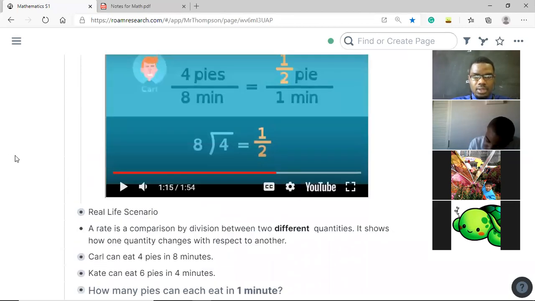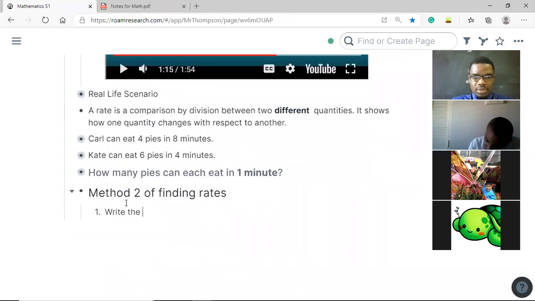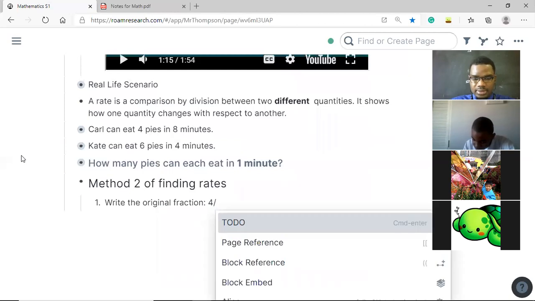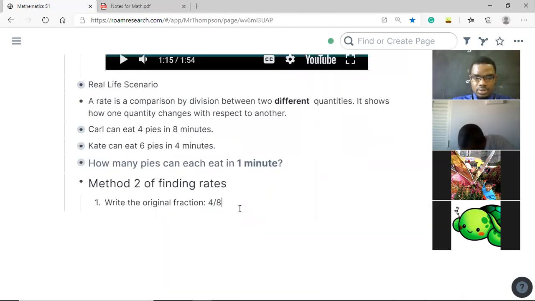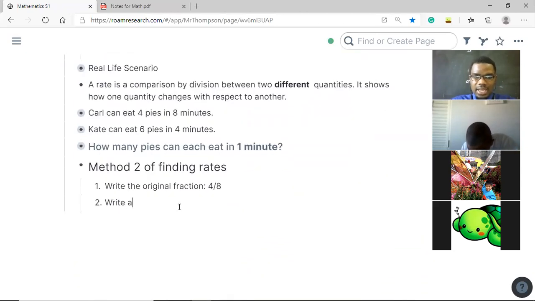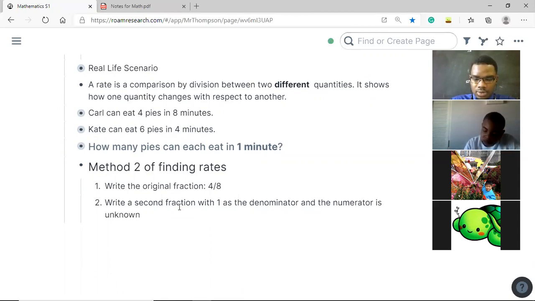Step 1. Write the original fraction. In this case, it was 4 divided by 8. Step 2, write a second fraction with 1 as the denominator and the numerator as an unknown.